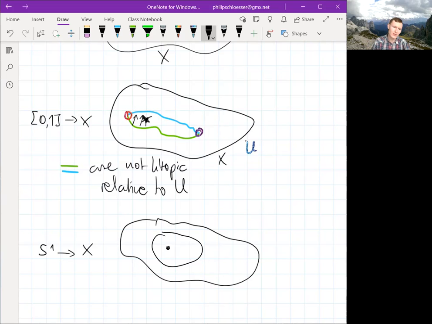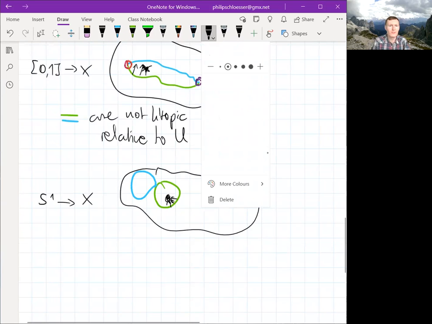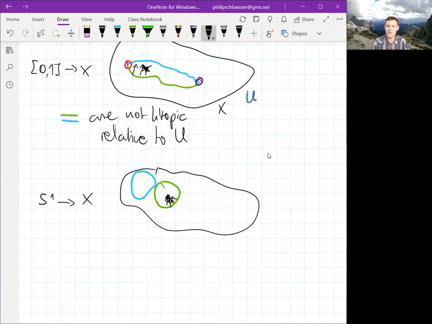And if you have a loop like that, you can't move it over here. Again, green and blue. Or I don't know, can't move it over here. Just because if at every stage you have to be a loop, you would still have to move somehow over this obstruction here. So much for being homotopic and being relatively homotopic.